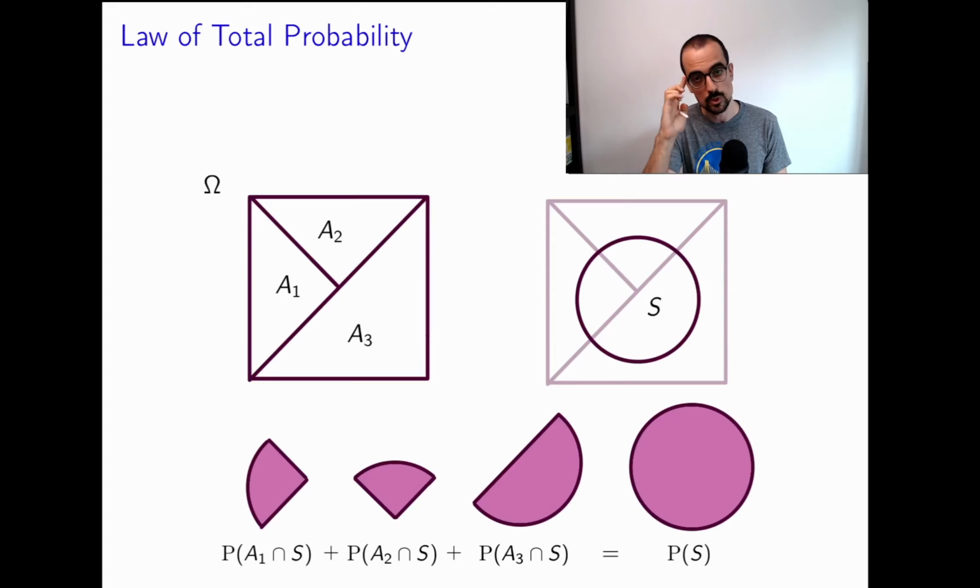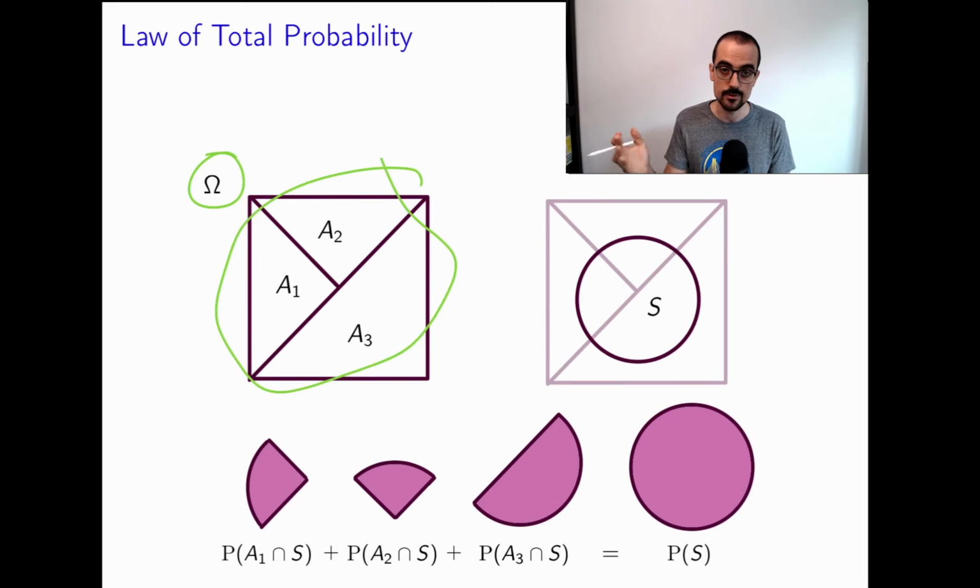Another very important property of conditional probabilities is the law of total probability. The law of total probability applies when we have a partition. This is our sample space, and we have a partition A1, A2, and A3 in this case, which are disjoint events that cover our sample space.